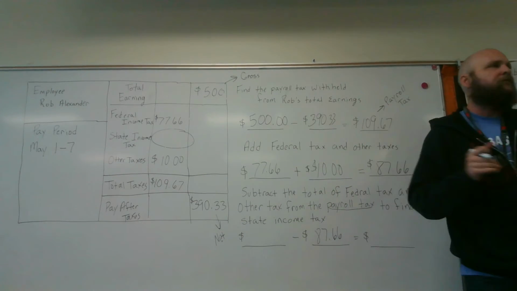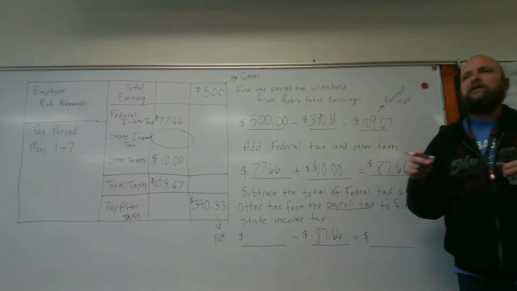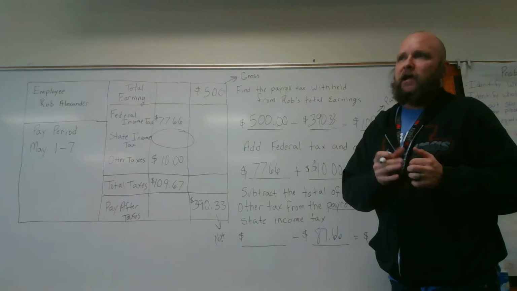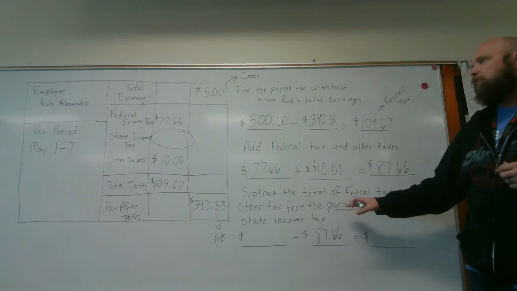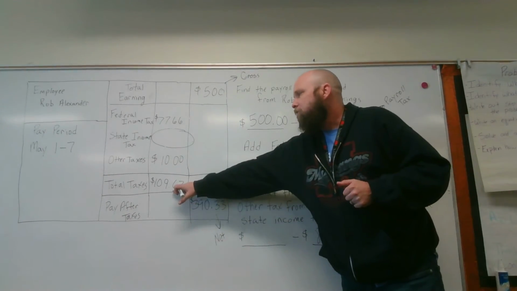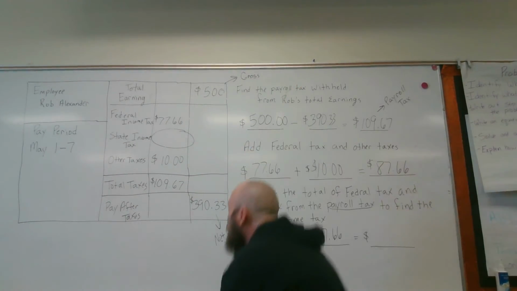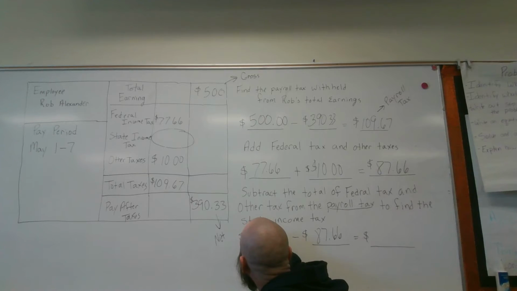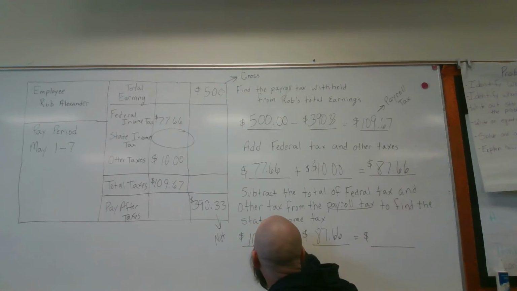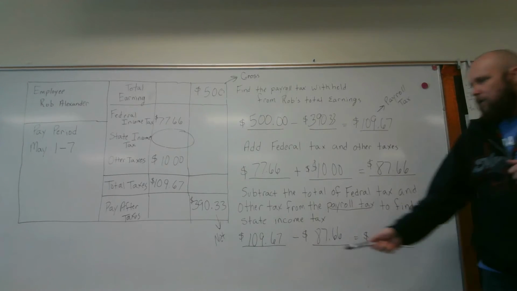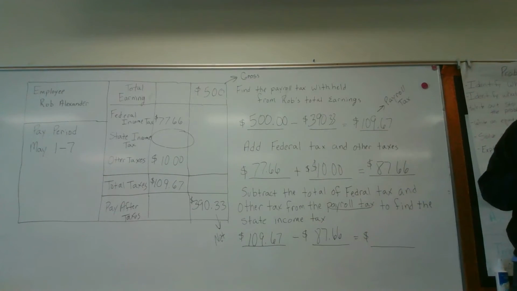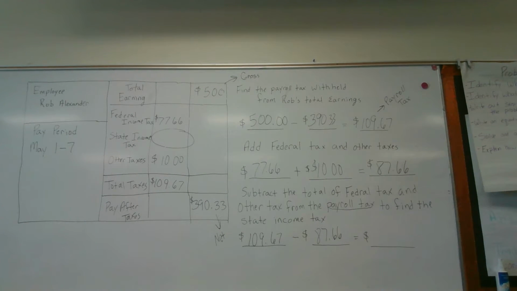And as my friend David told me, payroll tax is how much comes out of your paycheck. So we want to find the difference between $109.67 and $87.66, which is what, Scarlett?